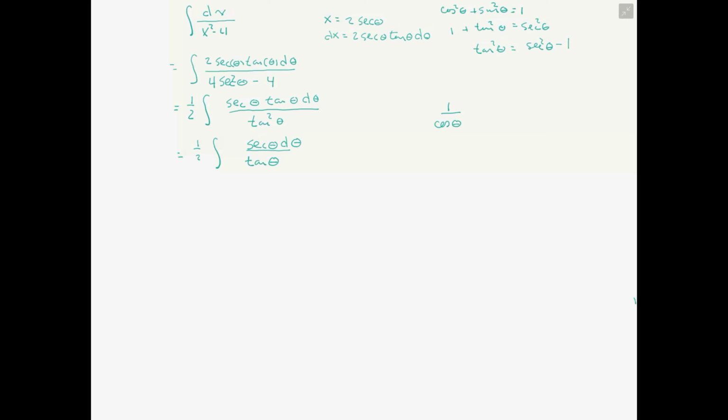So we have now 1/2 secant theta d theta on tangent theta. Well, secant theta is 1 over cosine theta, and 1 over tangent theta is cotangent, so we have cosine theta on sine theta.